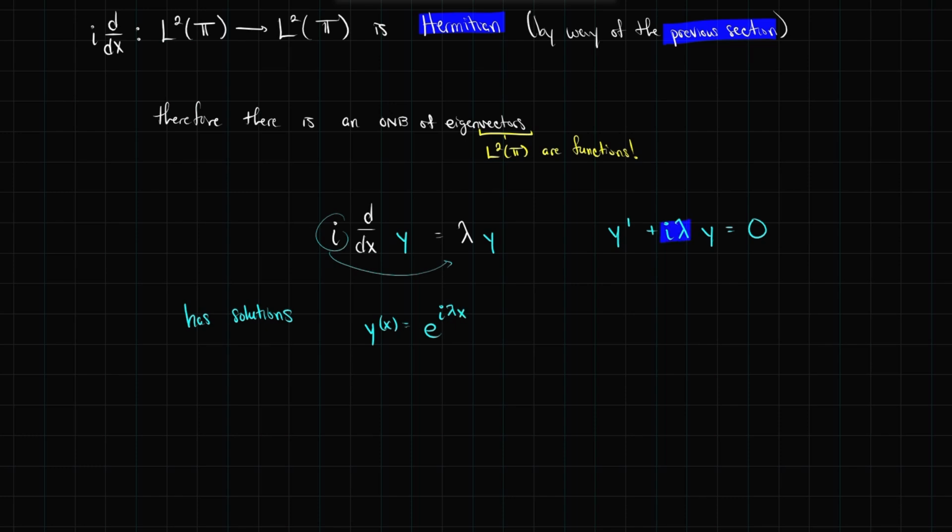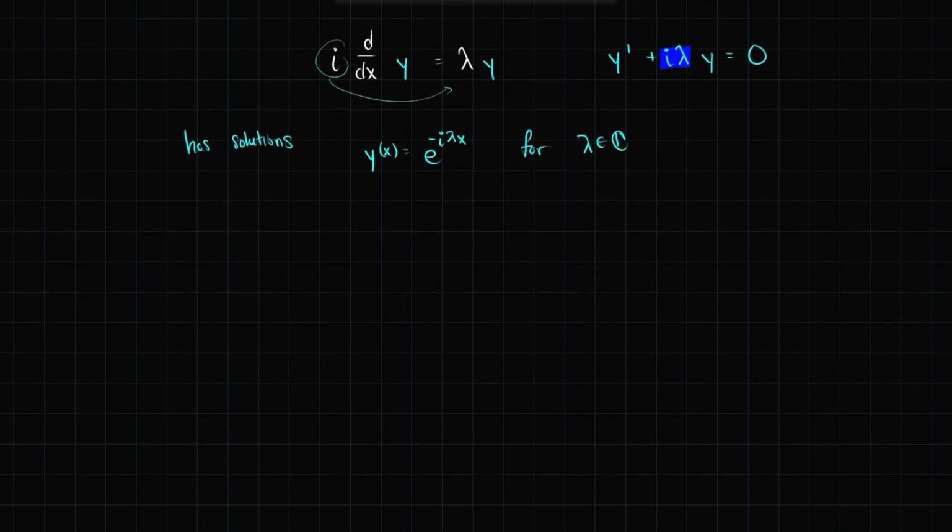It's like your matrix exponential, but it's just a one-dimensional quantity. Sorry, e to minus i lambda x. For lambda in the complex numbers, there's nothing requiring that lambda not be in the complex numbers. However, we're looking for objects in this space, which you recall what this space was.